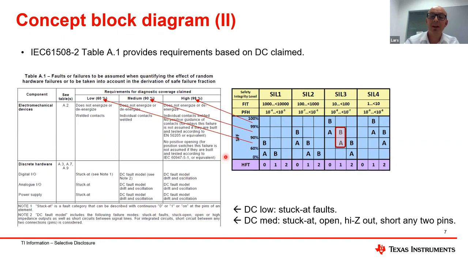But for the AD converter, for example, we do the medium, 90%, and here we have to test against also stuck-at faults, but also stuck open or high impedance outputs, short circuit between signal lines, and for integrated circuits, short circuit between any two connections is considered. So if you have a 100 pin device, you actually need to check against all the combinations. But with our redundant channel architecture, we have an advantage here. So stuff gets a bit simpler.